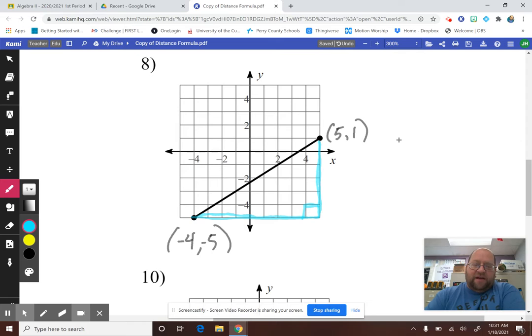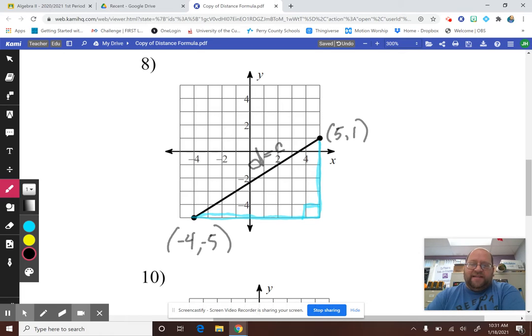If you think about what I'm really looking for here, this distance that I'm looking for is really the same thing as C. It's my hypotenuse because it's across from my right angle. In order to find that hypotenuse, we now need these two side lengths.